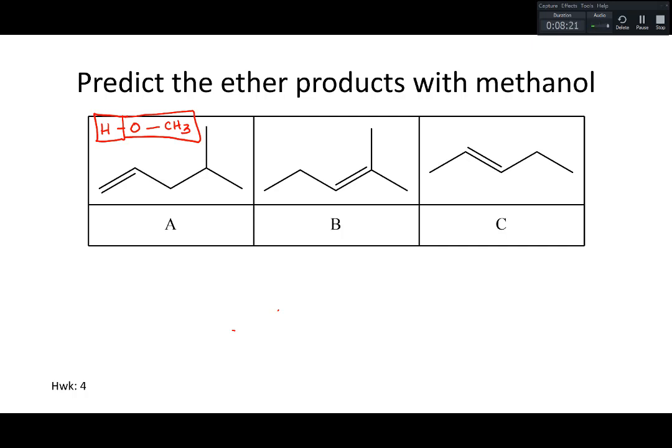The H goes to the less substituted side, and the OCH3, which is like the alcohol, but now because the alkyl group becomes an ether, goes to the more substituted side. So we're going to break this double bond and add the H to the primary side and the OCH3 to the secondary side.